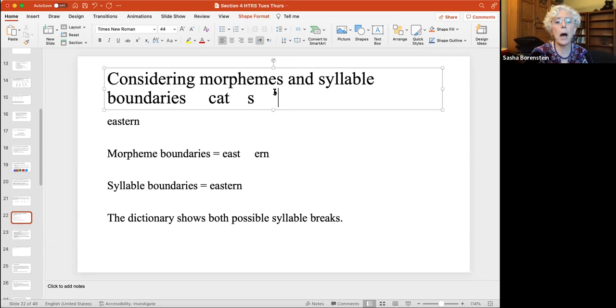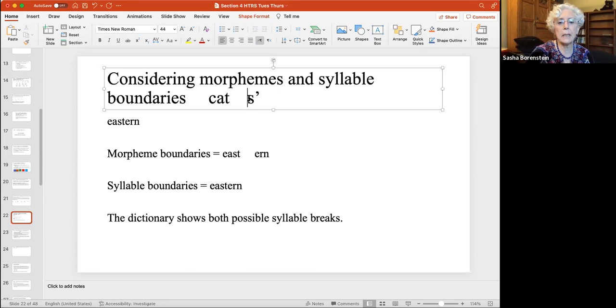And if we have an apostrophe after it, that's the 3rd morpheme in this word because that apostrophe tells us it's possessive. So cat has meaning, plurals have meaning, past tense has meaning, suffixes have meaning, prefixes have meaning. They're all morphemes.